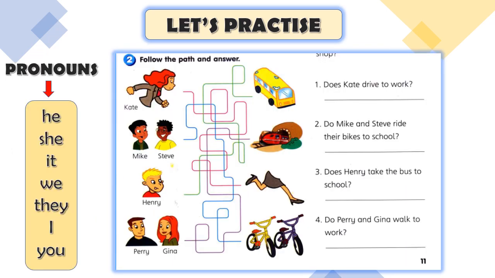It's activity 2 in your workbook. Let's practice. Before you do this, please bear in mind that you have to use this in your answer. We use he, she, it for does, and we, they, I, and you for do.